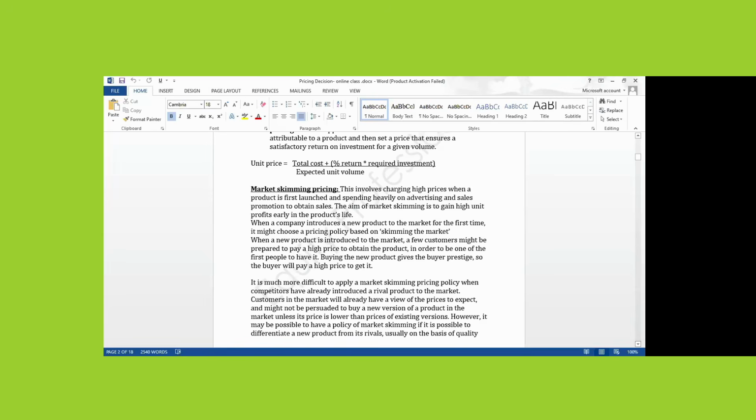If you flash back to 1999, when GSM was newly introduced, then we have MTN components. What they did to Nigerians is market skimming.